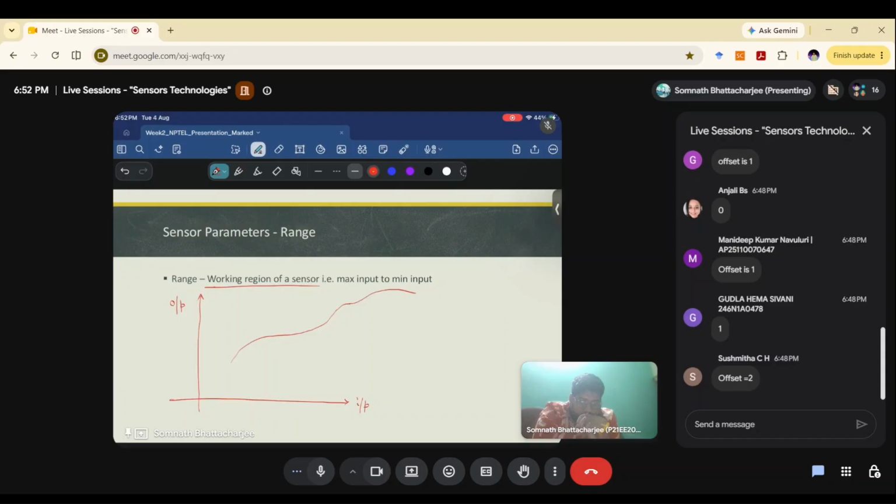Now, what was the range of this? Yes, 2 to minus 10 volts. Not 0 to 10, it's 2 to minus 10, right?